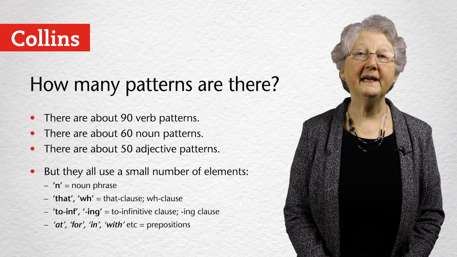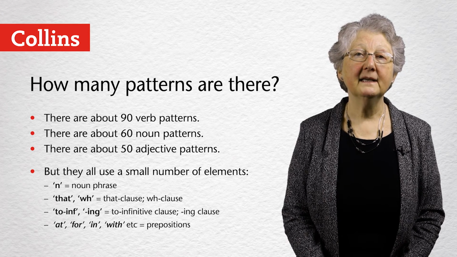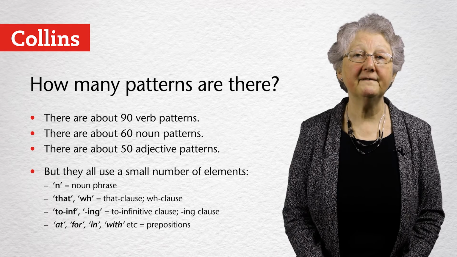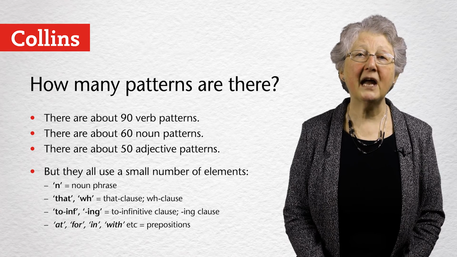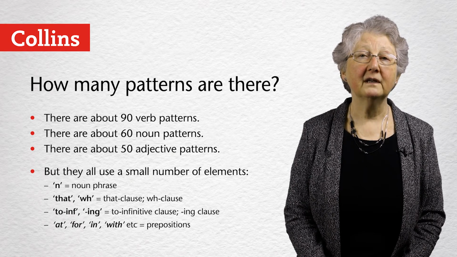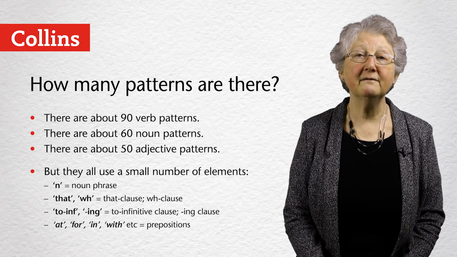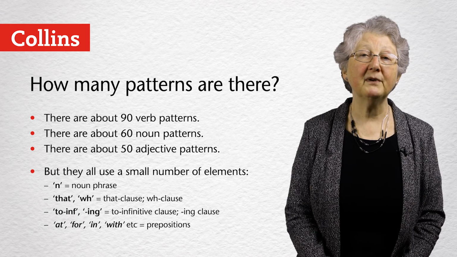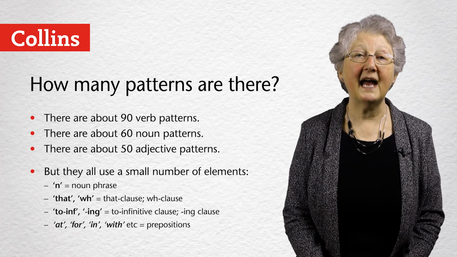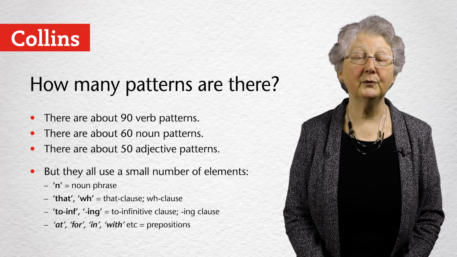Well, we've identified about 90 verb patterns, 60 noun patterns and 50 adjective patterns. But they all use a small number of elements, such as noun phrase, that clause, WH clause, to infinitive clause or ING clause. And they use the prepositions of English, such as at, for, in and with.